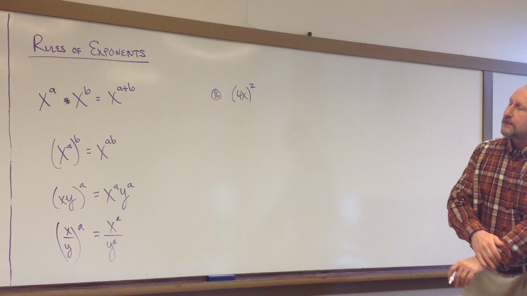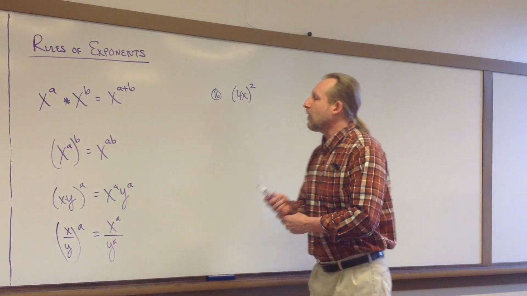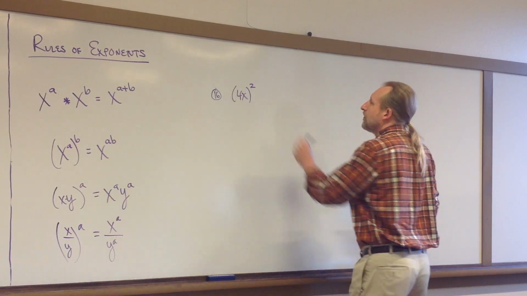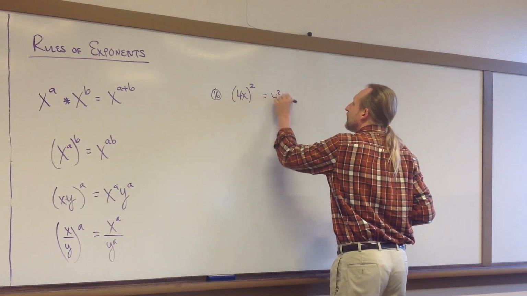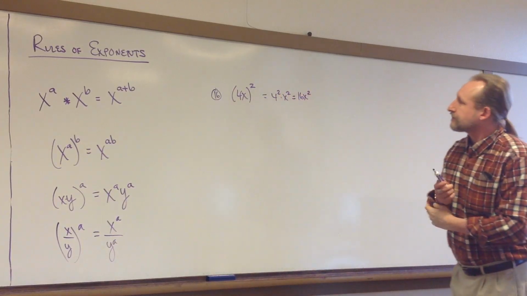X over y raised to the a power is x to the a power over y to the a power. Now, that's going to make this problem equal to 4 squared times x squared, or 16x squared.